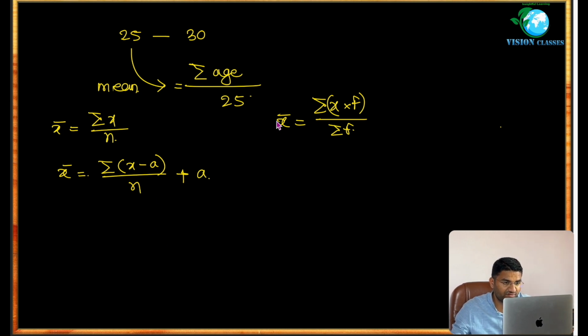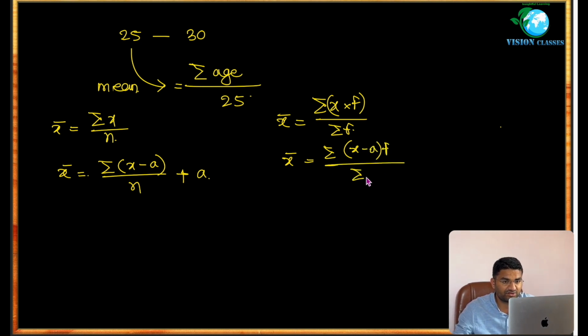And the same for grouped data, the extra thing is that x bar is equal to the summation of (x minus a) times f upon the summation of f, plus this value of a. Again you have to add a here.